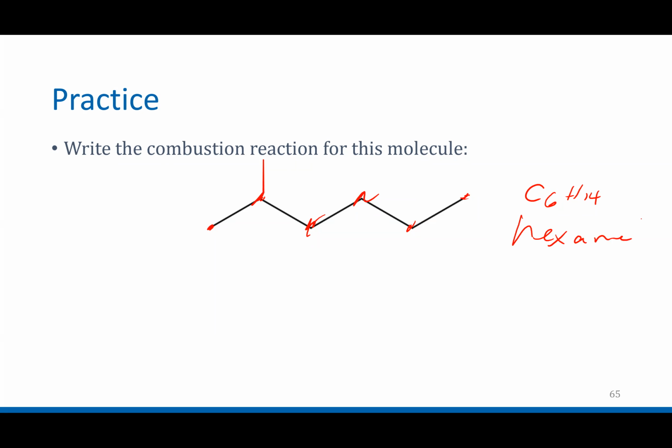All right, so C6H14, we add oxygen to this. We get carbon dioxide and water.